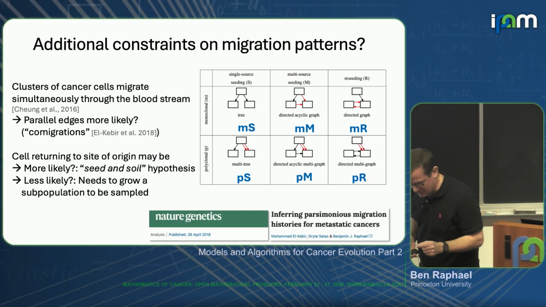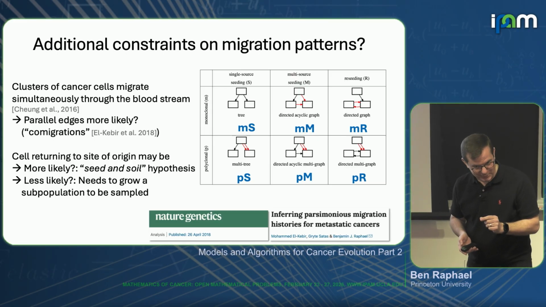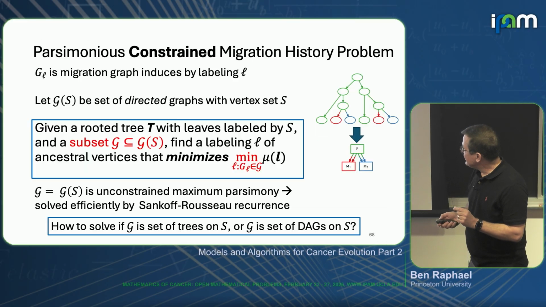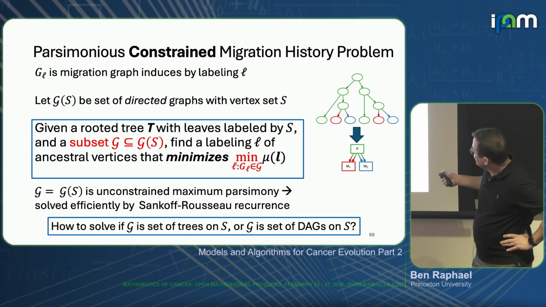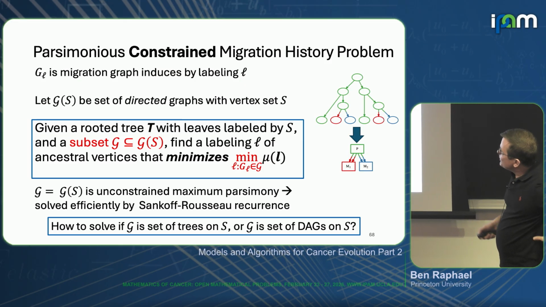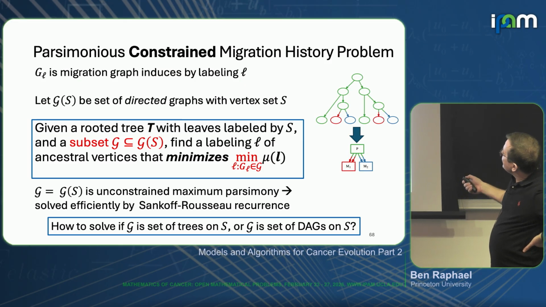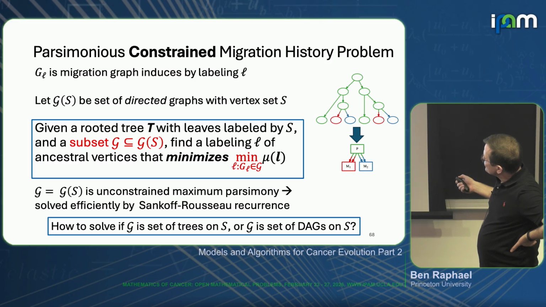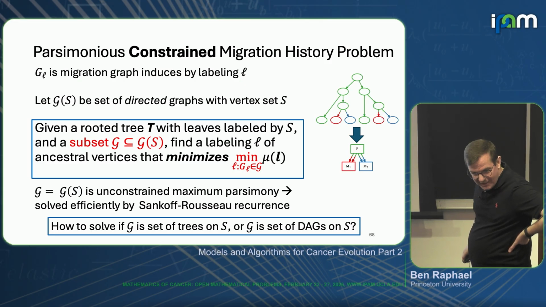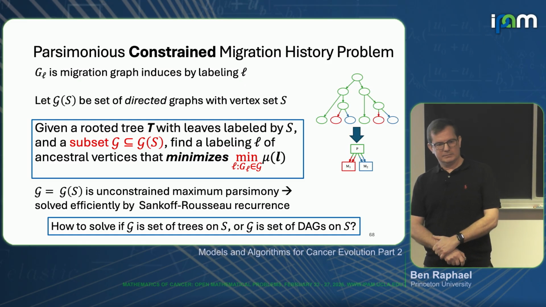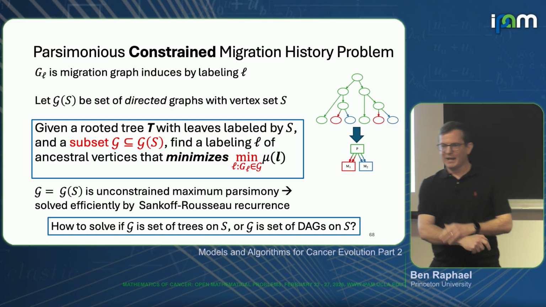We did something much simpler to try to approximate this. What we did is we looked at these summary graphs, and we asked another question, which was, could you label the nodes of this tree in a way such that when you look at the summary graph, it is a tree? So nothing ever comes back where it was before.